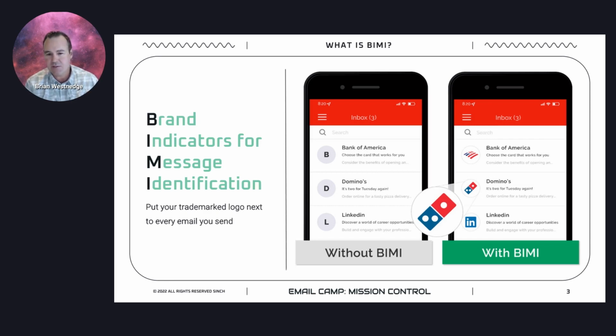Well, BIMI takes the guesswork out of that and replaces that default avatar slot with your own trademark logo. So it's an additional opportunity for branding and getting brand impressions ultimately. So without BIMI, you'd just see a regular avatar or maybe even a question mark avatar. And then with BIMI, you'd see your beautiful branded logo next to the from address.